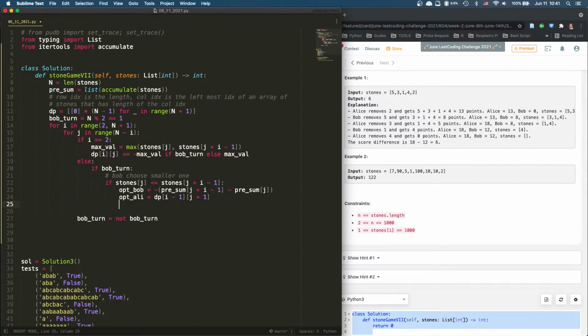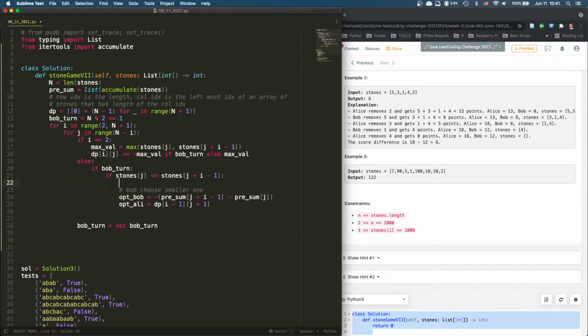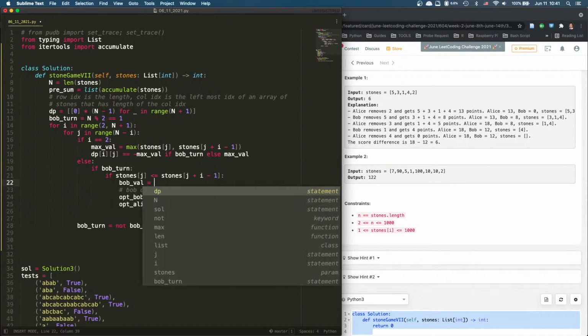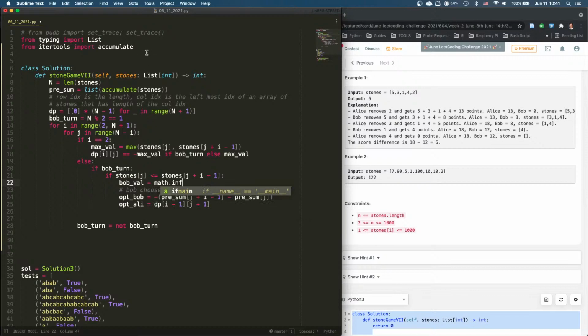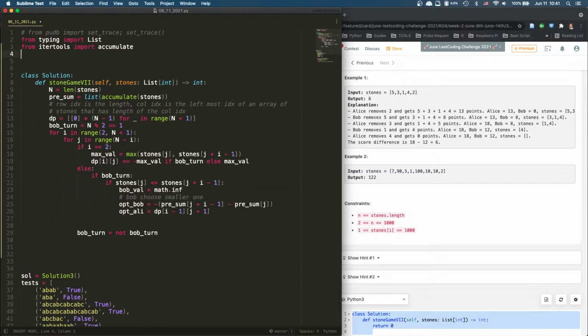Bob, in this case, Bob choose smaller one, right? Bob choose smaller one, then optimal Alice is this, then you have to say Bob turn, right? Bob val equals, find a maximizer, math.inf, right? Math.inf, because we're gonna import math.